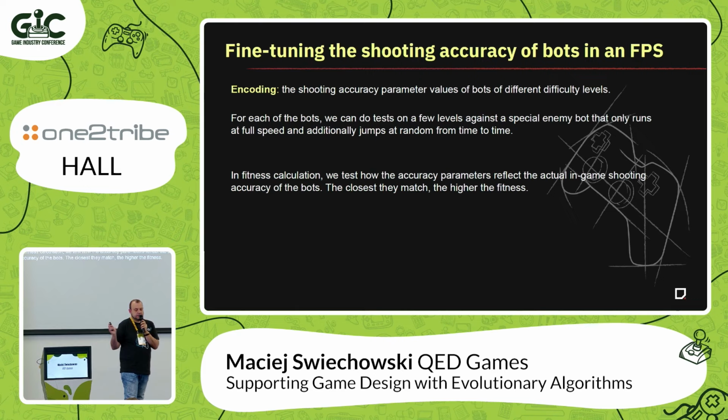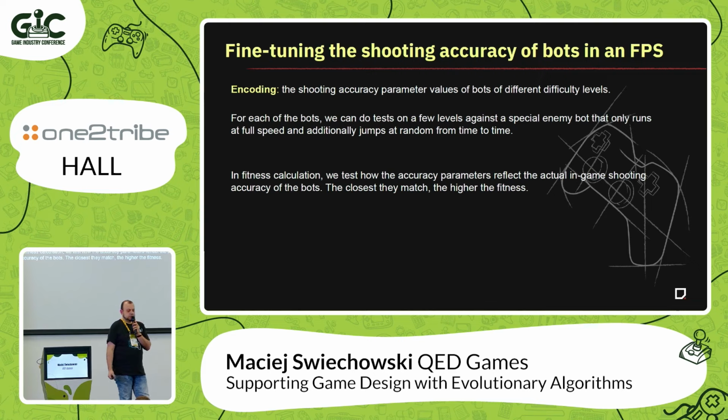In the same fashion, we can do fine-tuning of the shooting accuracy. It can be difficult to implement proper accuracy up front, because the game may be very dynamic, and so our accuracy value may not translate to actual hits because everything's moving and so on.